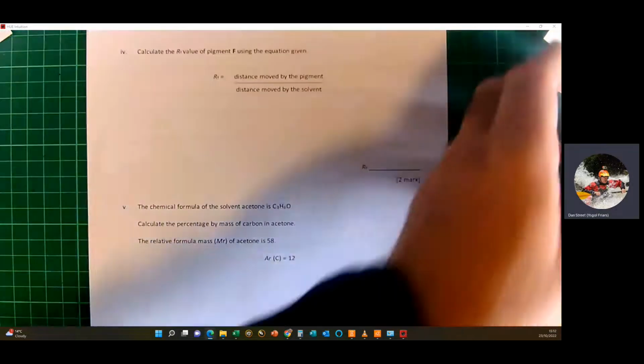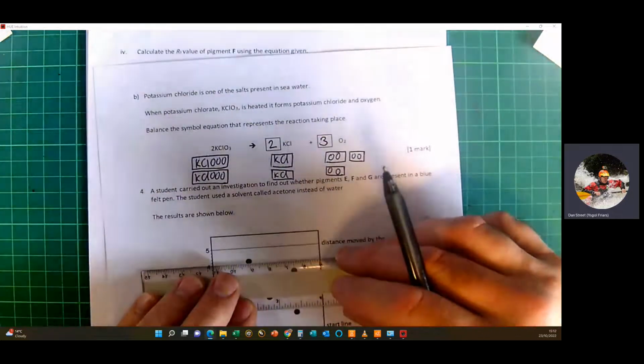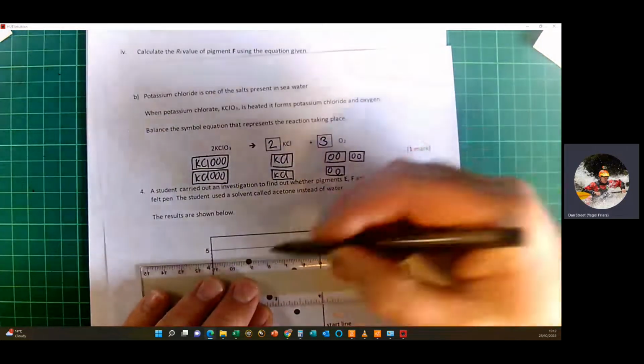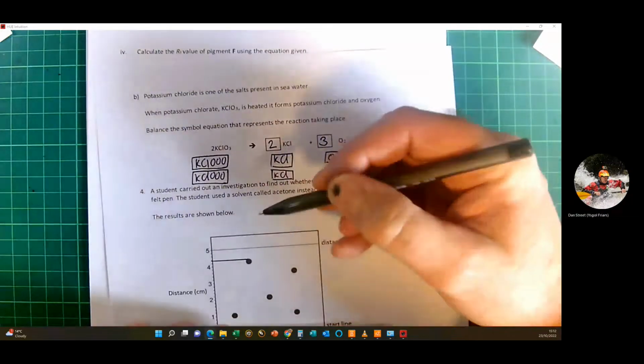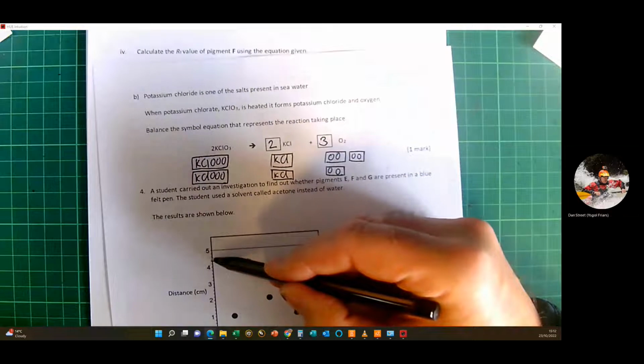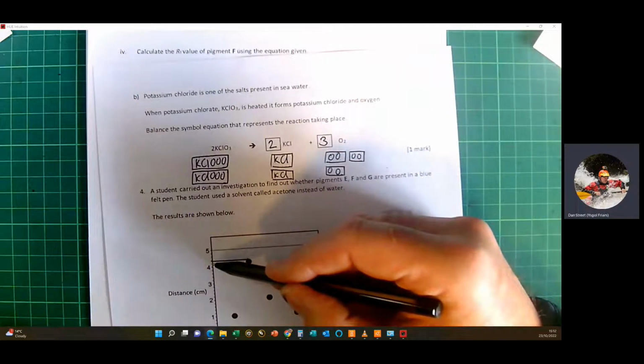So if we look back at our original picture, okay, then we try and rule a horizontal line across here. So we can see that each of these lines is worth 0.2. So that's just a smidge short of 0.4, isn't it?